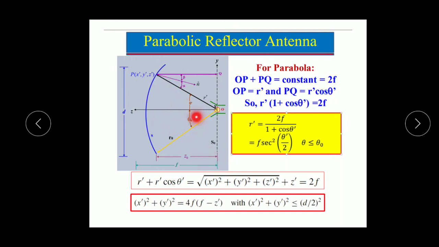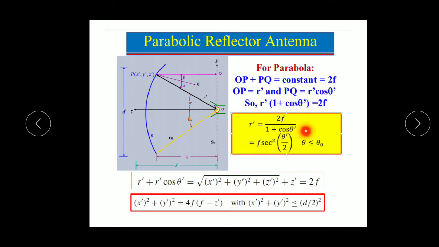This is D, the diameter of the reflector, and according to the concept of the parabola, OP plus PQ equals 2 times the focal length, where OP equals R and PQ equals R cos theta. So 2F equals R(1 plus cos theta), and we can calculate R from this equation.